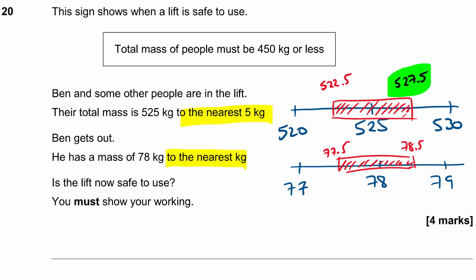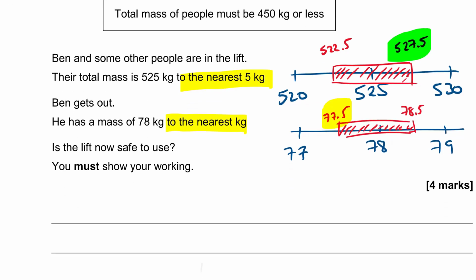So we're going to use that as our worst case scenario, and let's assume that Ben is the lightest he can be, so him getting out of the lift is going to make the least possible difference. So the worst case scenario is my heaviest group of people and my lightest possible Ben getting off.